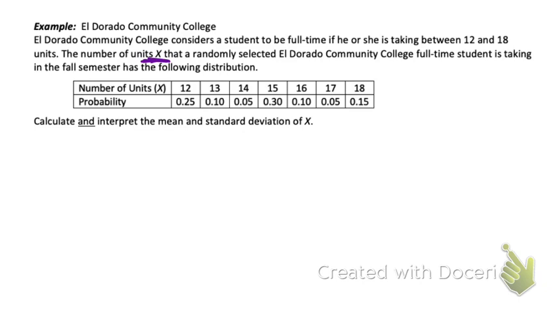Here's their distribution. What's the probability that I select a student from this college and they're taking 15 hours? What percent of the students are taking 17 hours? 5%. Do you guys understand this? Perfect. Please calculate the mean and the standard deviation of X.